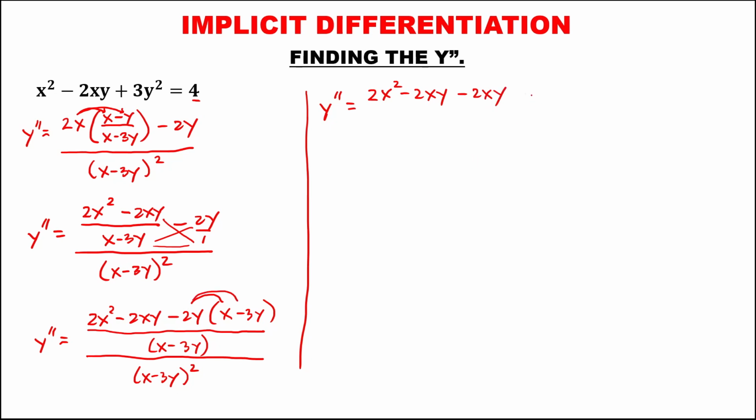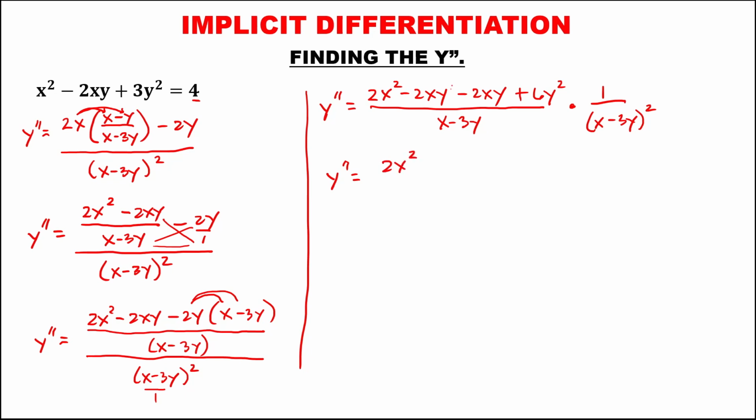Then this becomes positive 6y squared, then over. So this x minus 3y, then times the reciprocal of this denominator. So times 1, then over x minus 3y quantity to the power 2.